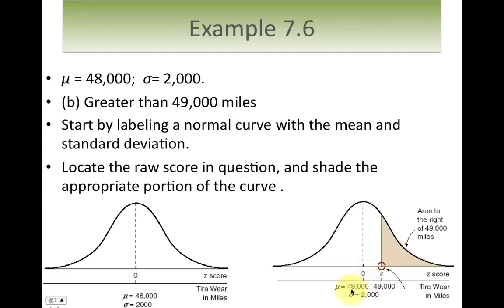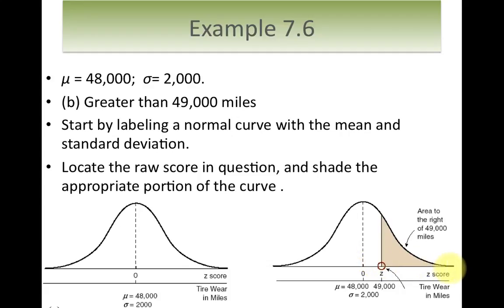If 48,000 is in the center, recognize that 49,000 is to the right of that. The proportion of area greater than 49,000 is the shaded area on the right side of 49,000 all the way up to positive infinity. Greater than 49,000 means from 49,000 to positive infinity.